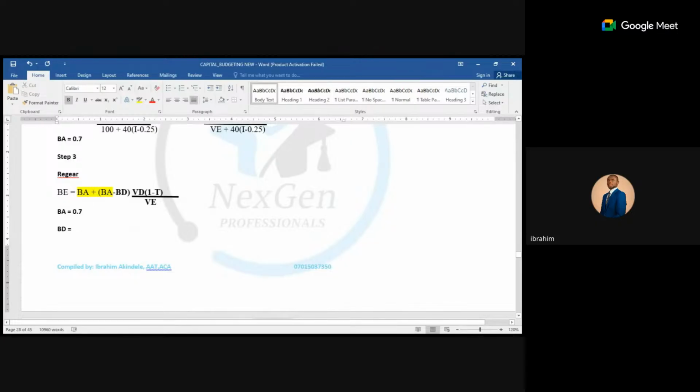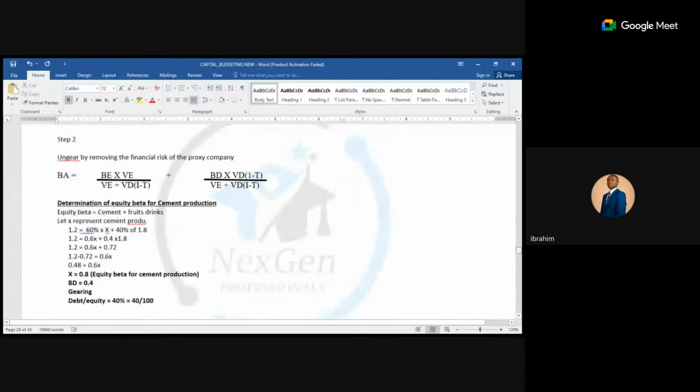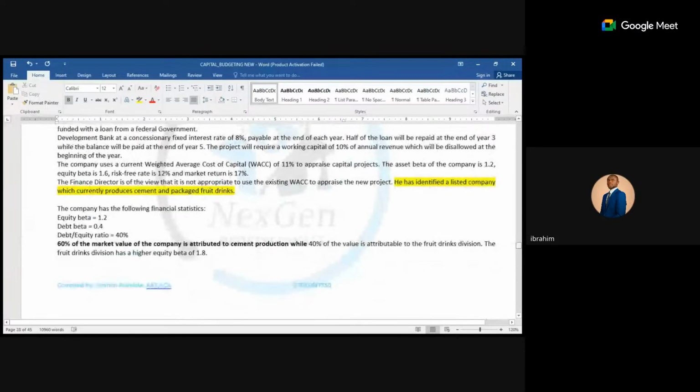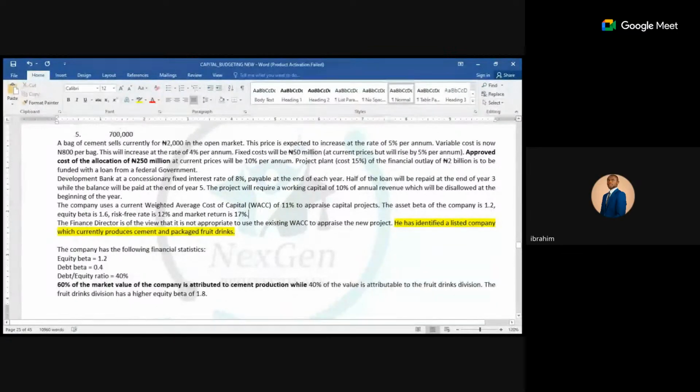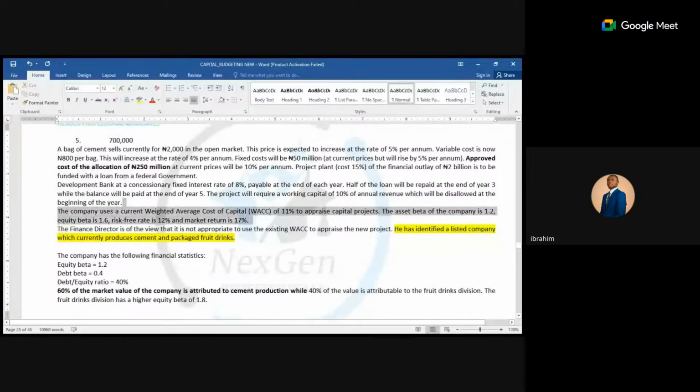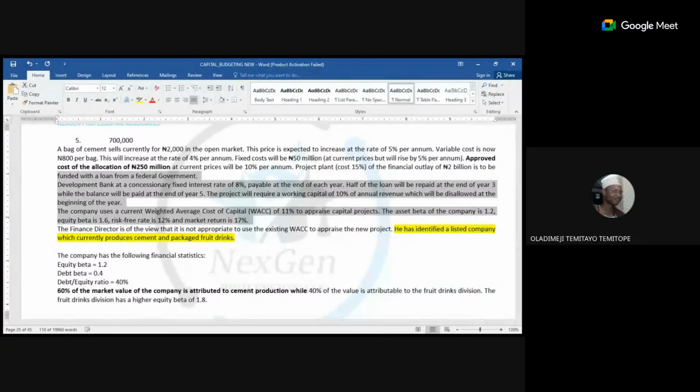Do we have anything that has to do with the beta debt of the main company? Where did they mention beta debt? We are given equity beta and asset beta, and there is a difference between both of them.